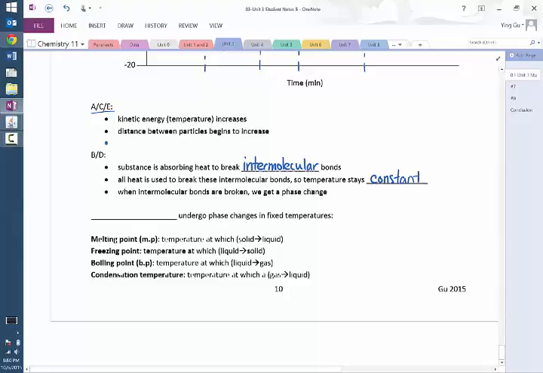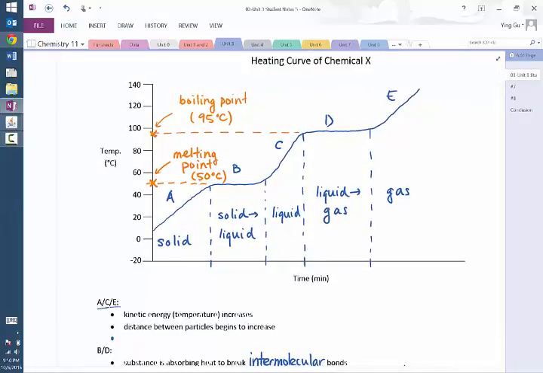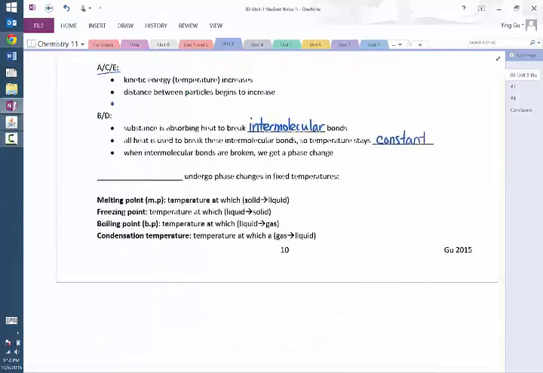So why do we talk about this concept? Well, it turns out that when you know the melting point and boiling point of substances, it's very, very useful. Now, remember how I said one of the goals of chemistry is that after you synthesize a compound, you have to make sure that you've actually synthesized the compound that you intended.